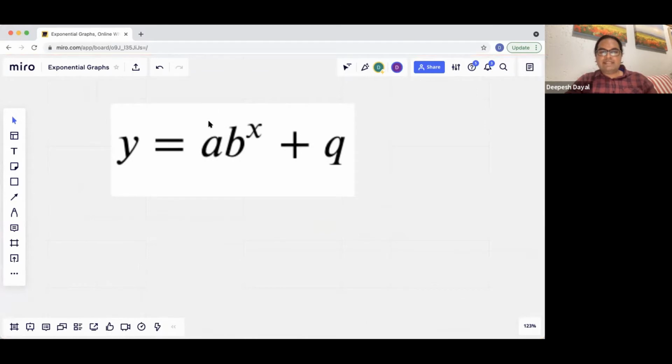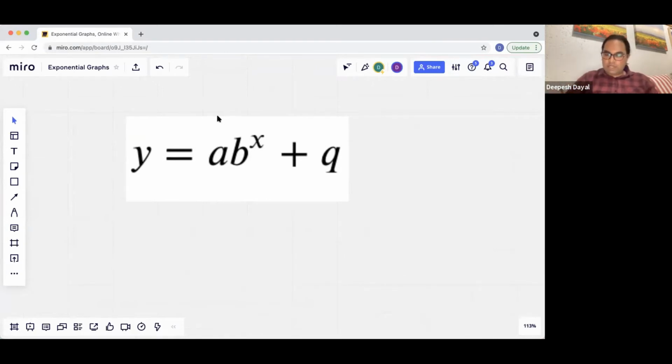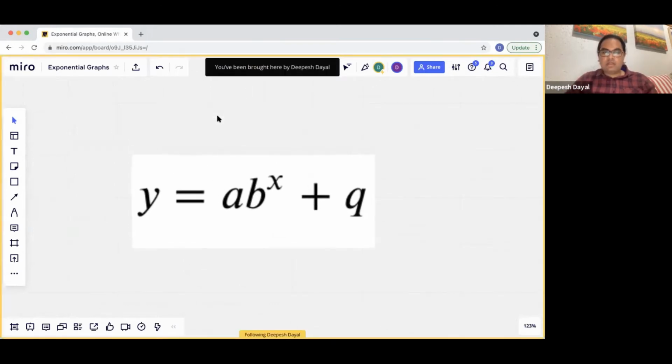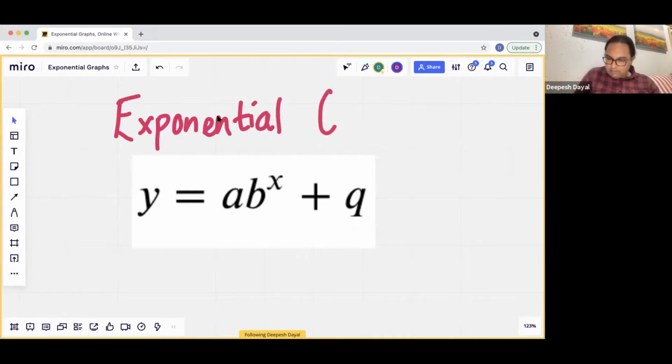Okay, so this is the standard equation for an exponential graph. Let's write this: exponential graph equation.